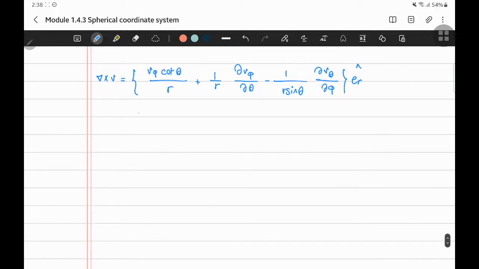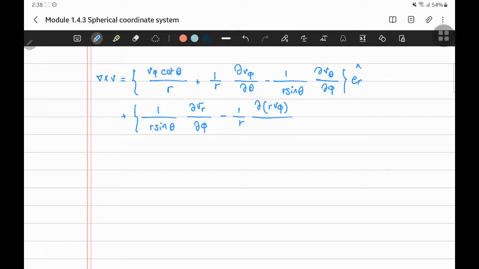And next we have this one. 1 divided by r sine theta, partial derivative of V r with respect to phi, minus 1 divided by r, partial derivative of r V phi.